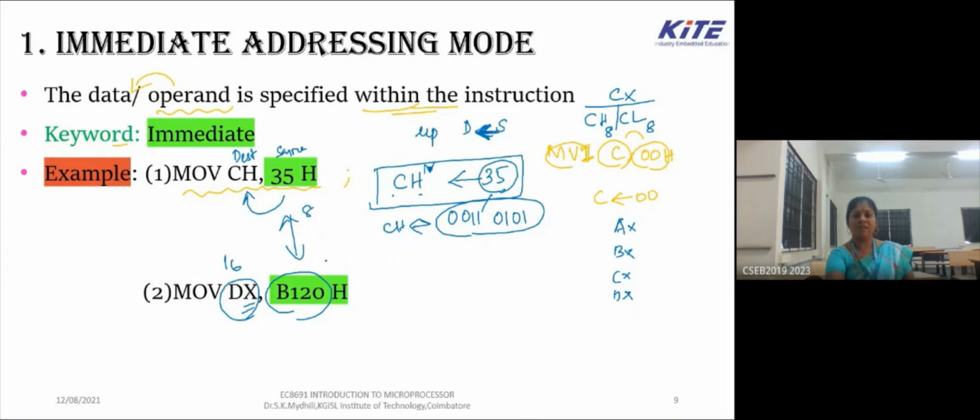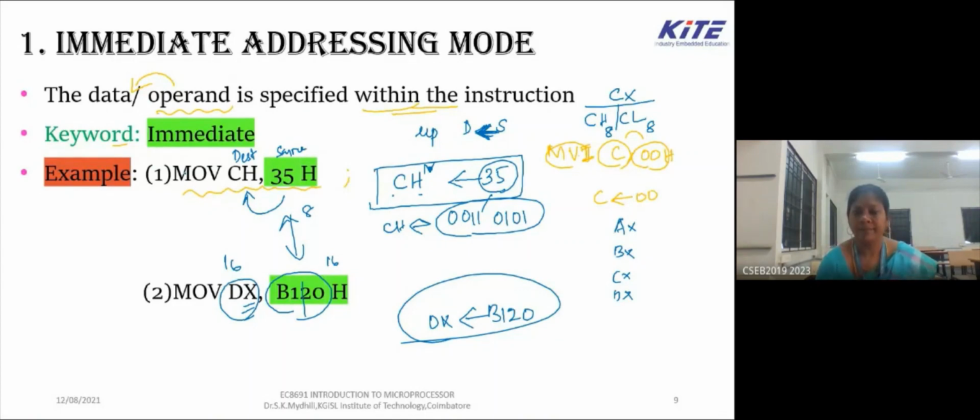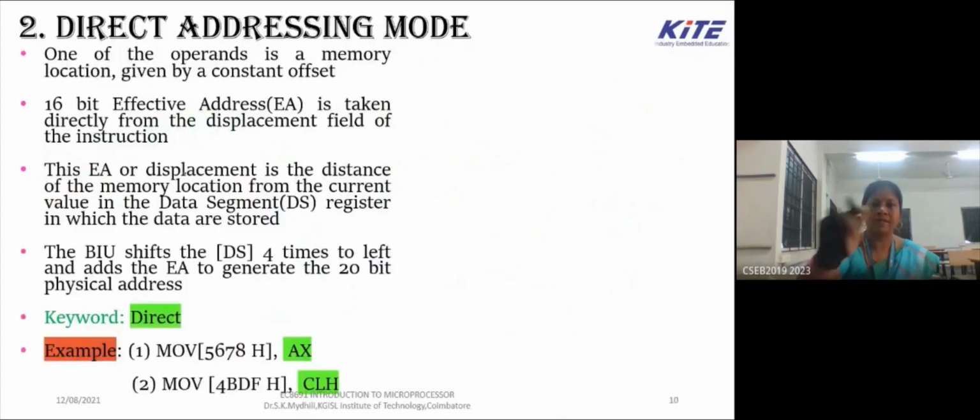This is 8-bit, this is 16-bit. So B120, the content B120, is moved to DX immediately. So if you see data in the source, you can say it is immediate addressing. Are you clear? It can be 8-bit or 16-bit. Yes, I'll move to the next.